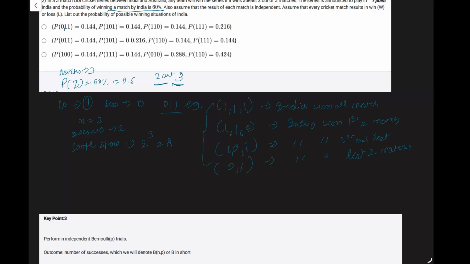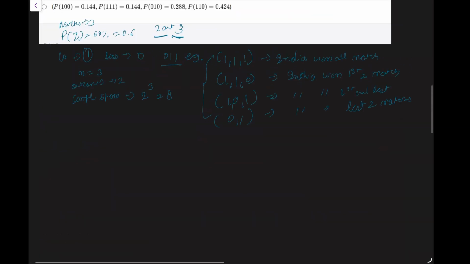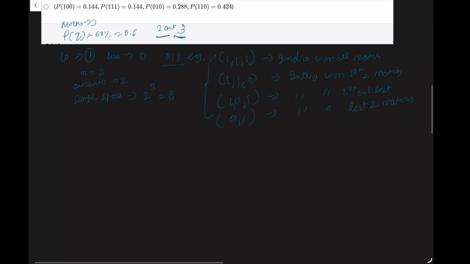To find the individual probabilities, let's take case 1. Case 1 is 1-1-1, which means India won all the matches. The probability is going to be 0.6 times 0.6 times 0.6, which is 0.216.